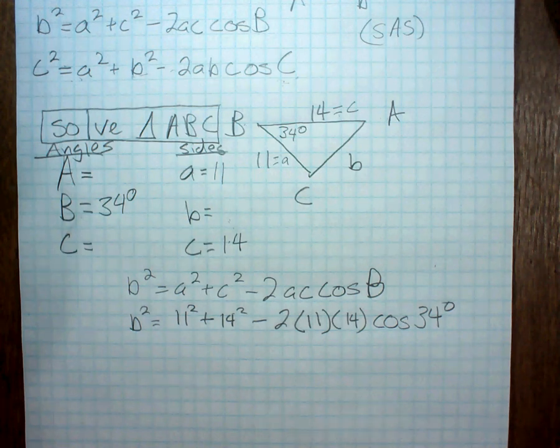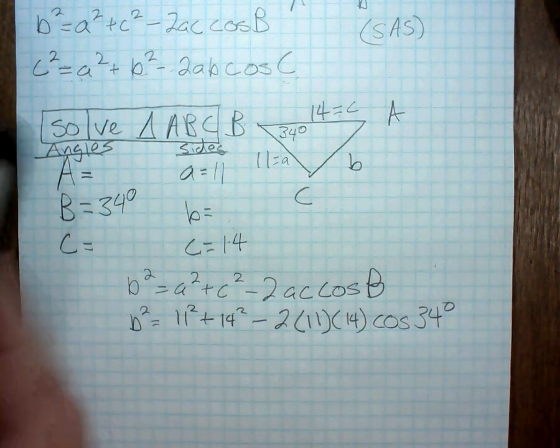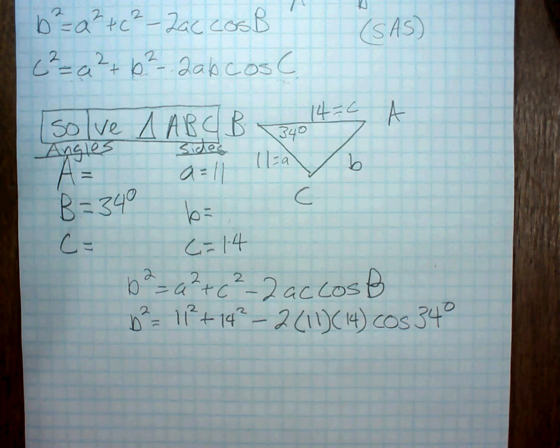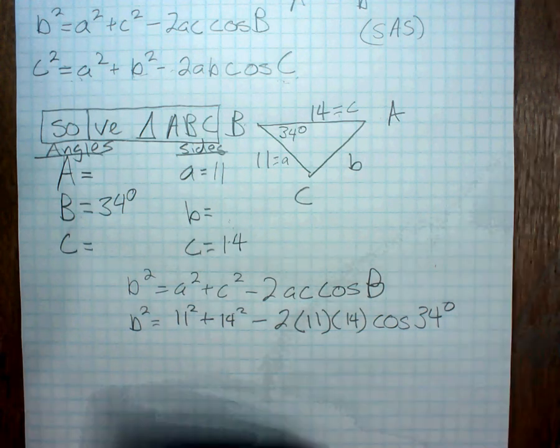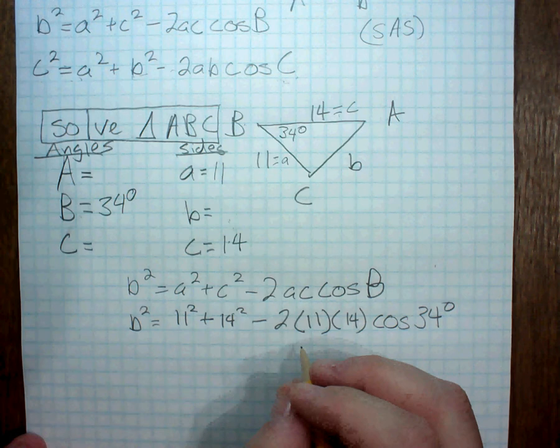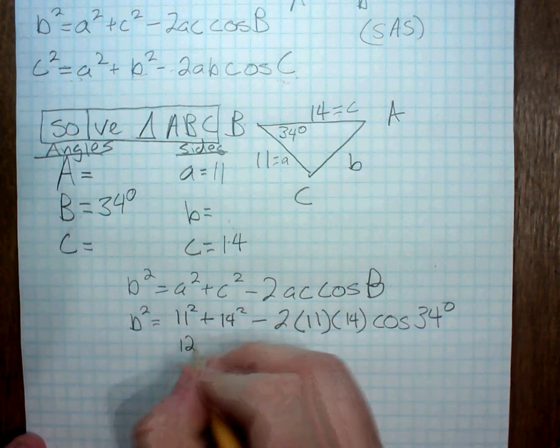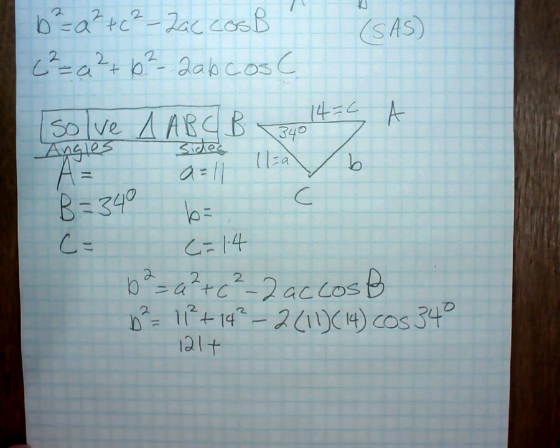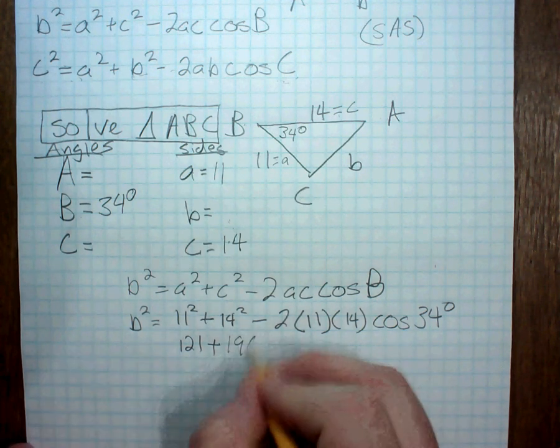So what I could do is I could do all this in one swoop in my calculator. Well, I should probably just write it out because I fear that you guys will struggle with that. So this is 121. 14 times 14 is 196.